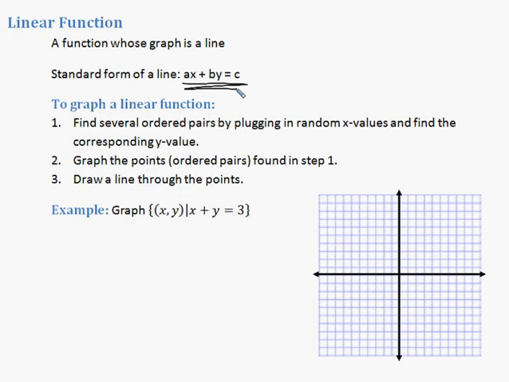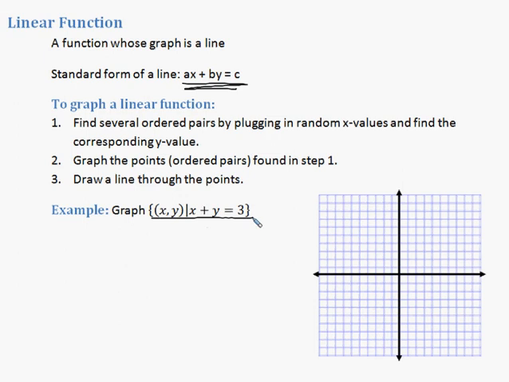So to graph linear functions, we'll do this now. Later we'll learn a better method. Find several ordered pairs by plugging in random x values and finding the corresponding y values. Then graph those points and draw a line through them. So here's one way of graphing a line.